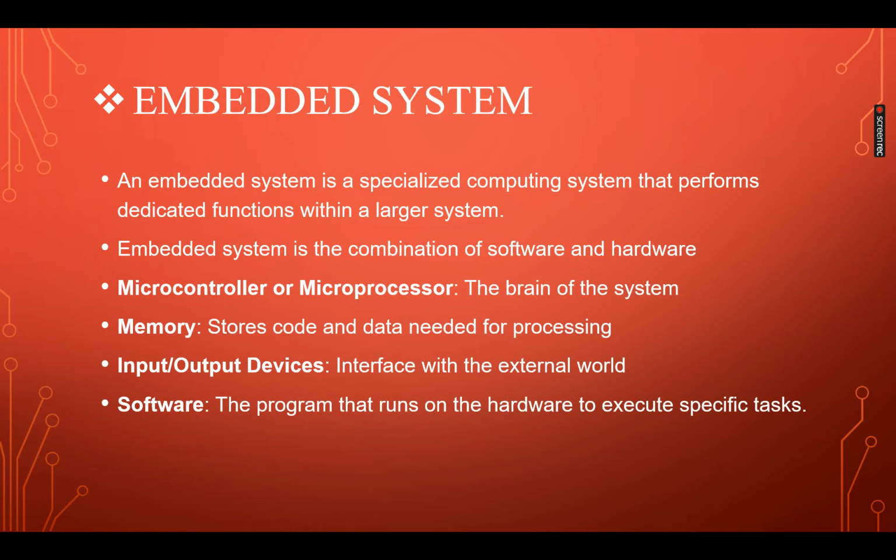In this microprocessor, there is inbuilt memory to store code and to store operations, and the input output devices are assigned to the processor. The software is the program that runs on the hardware to execute a specific task.